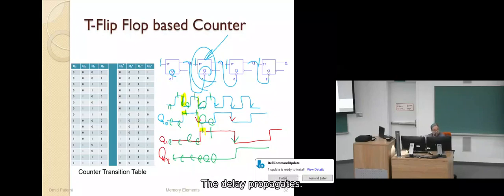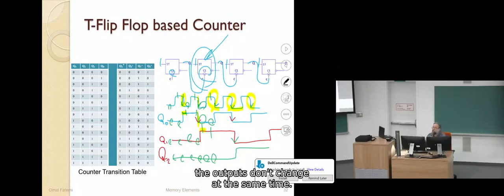So the delay propagates. Q0 has 1 element of delay, Q1 has 2 delays, Q2 has 3 delays, and Q3 has 4 delays. And it means that with the clock, all of the outputs don't change at the same time, which means that it is not synchronous.